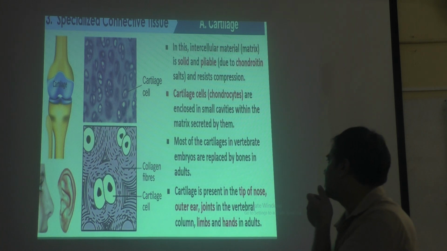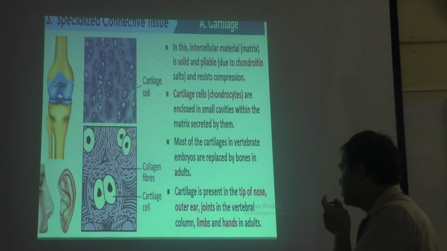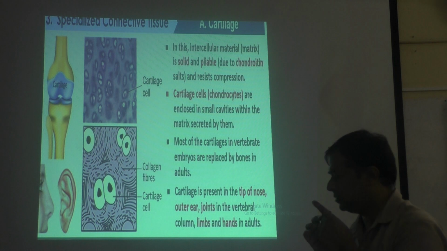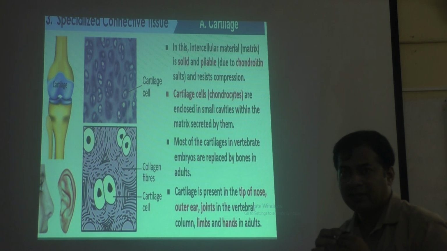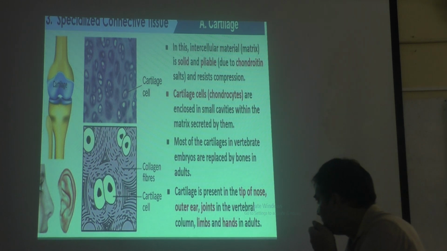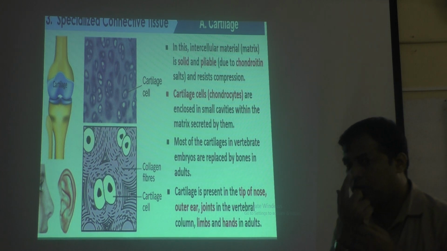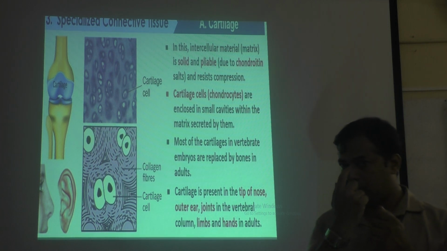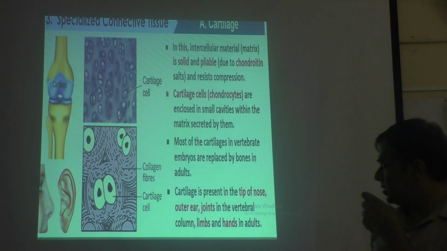Most of the cartilages in vertebrate embryos are replaced by bones in adults. First we have a cartilaginous skeleton in the embryo stage, then it is replaced by hard bones in most vertebrates. Cartilage is present at the tip of the nose. I told you it looks like a bone but it is not; it looks hard but it is cartilage.